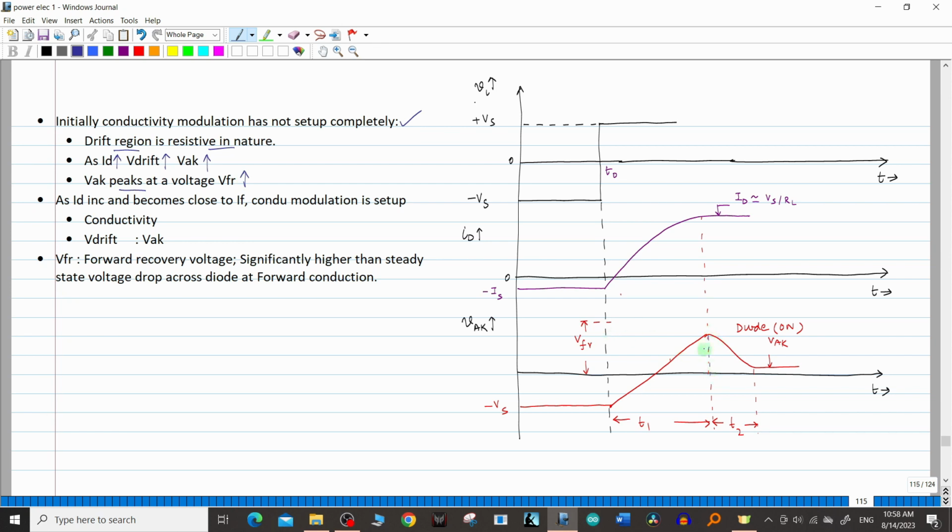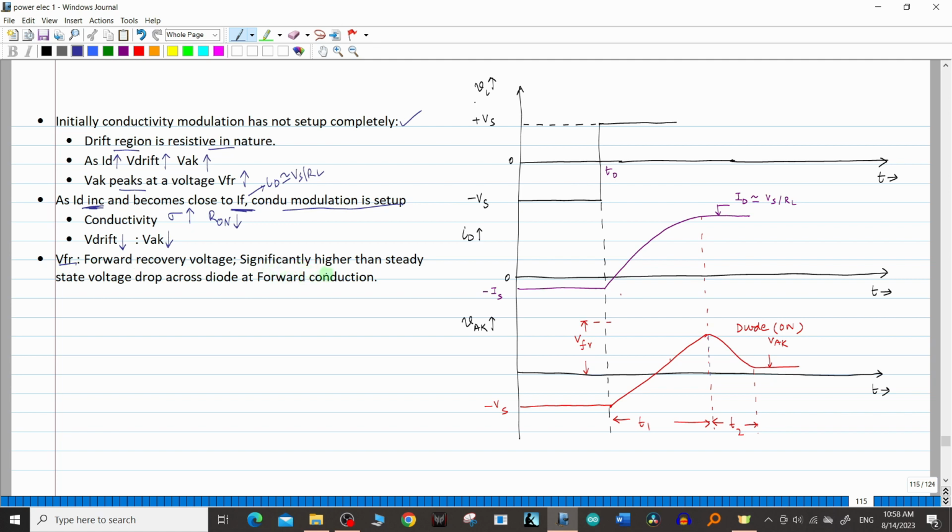Now, as ID increases and becomes close to IF, which I can write as ID roughly equal to Vs divided by RL, conductivity modulation fully sets up. That means conductivity is increasing, the on-state resistance will decrease, V drift will decrease, and therefore VAK also will decrease. VFR is nothing but the forward recovery voltage.